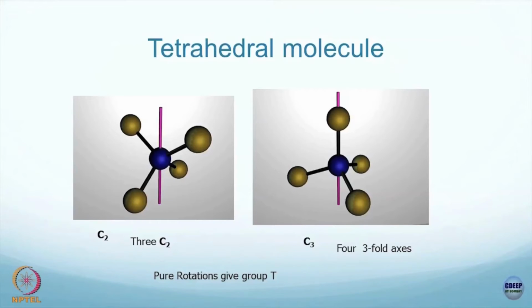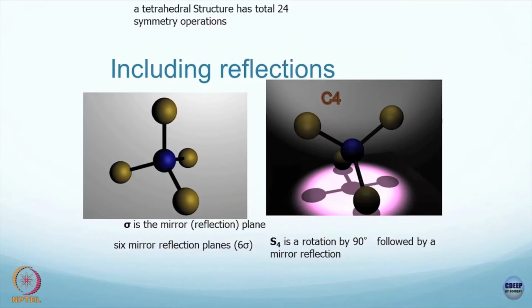And there are 4 3-fold axes, each 3-fold axis going between 1 hydrogen and the carbon, the CH bond. Oops, I thought the animation would come here, it will not. I had the animation also, unfortunately it is not coming here.